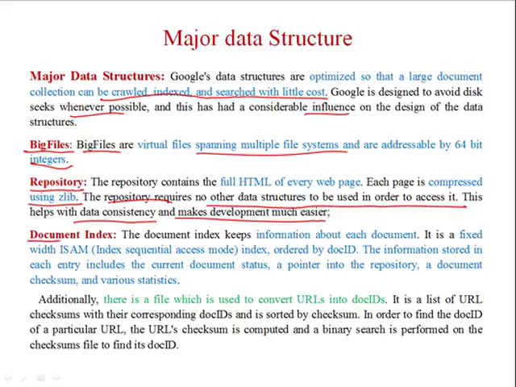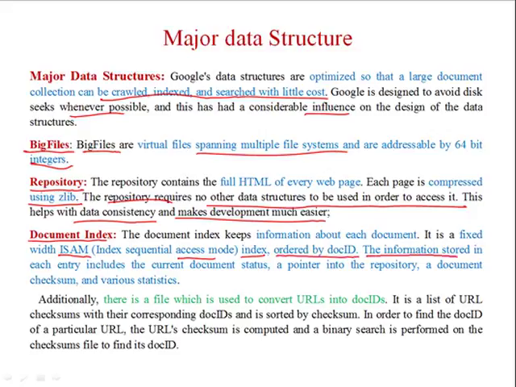Next is the document index. The document index keeps the information about each document. It is fixed width. Google uses a fixed width ISAM, index sequential access mode, index ordered by document ID.